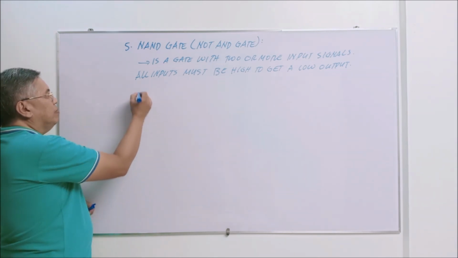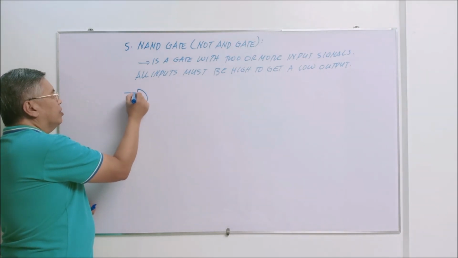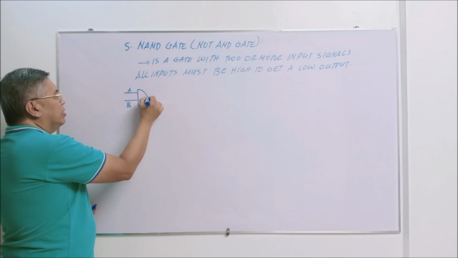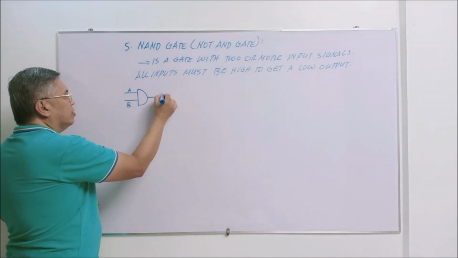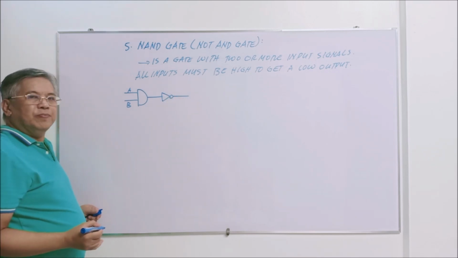For the symbol, we have here an AND gate with two inputs represented by A and B again. Then we have an output which is connected to our inverter.